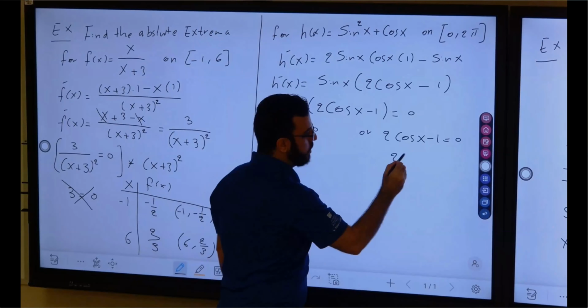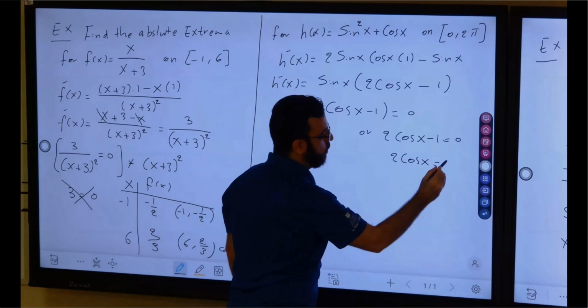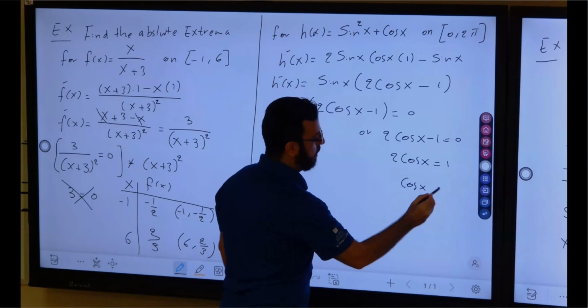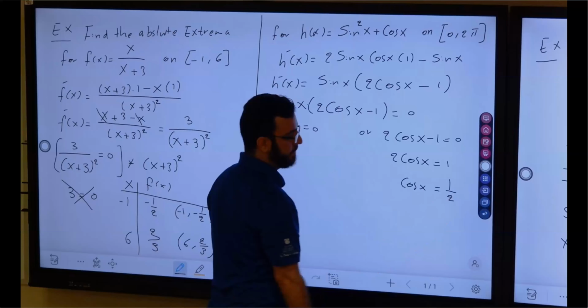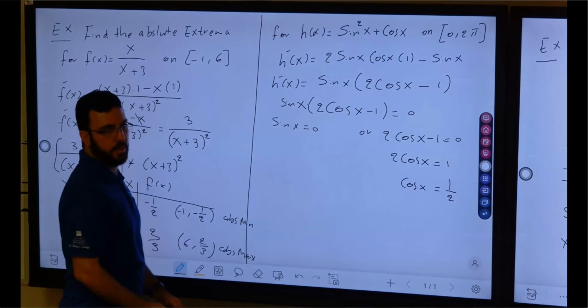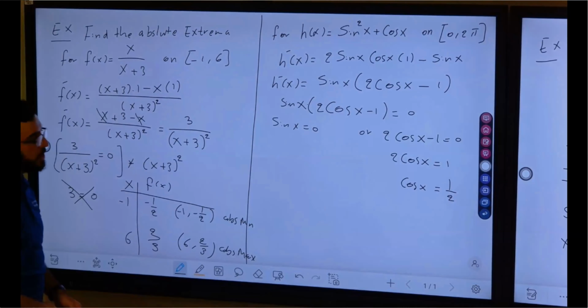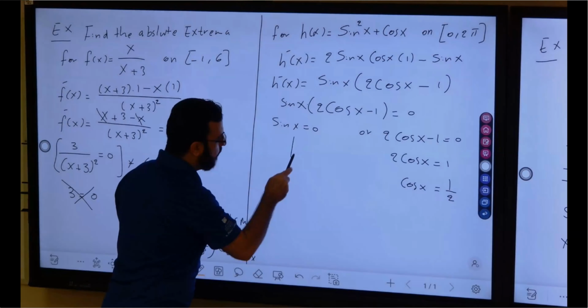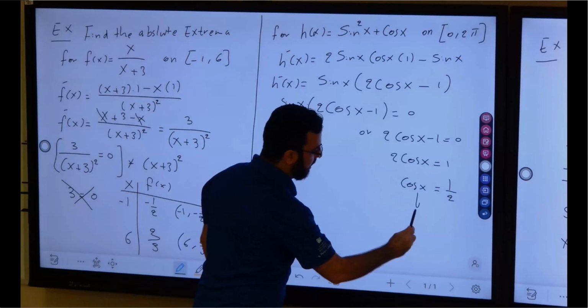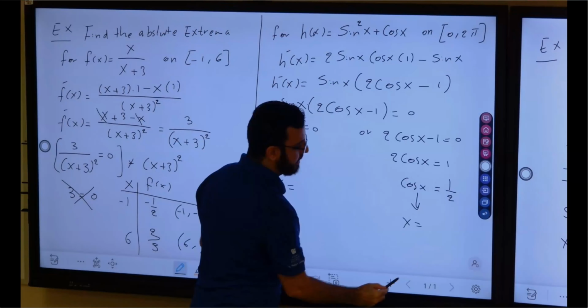So 2 cosine x equals 1, which means cosine x equals half. And this is already solved. Now let's look for the x. From here, how much is x? And from here, how much is x?